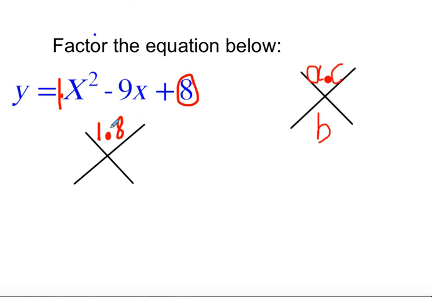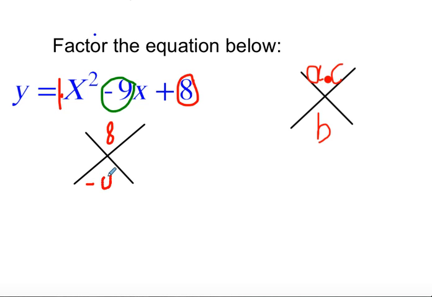So what is 1 times 8? It's just 8, so I'm going to write 8 on top. The product of a and c goes on top, and just b goes on the bottom. What is b? B is whatever is next to x, which is minus 9. Be careful, this is minus 9. So I'm going to write minus 9 here.